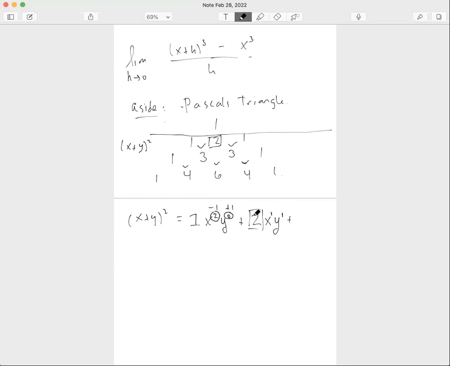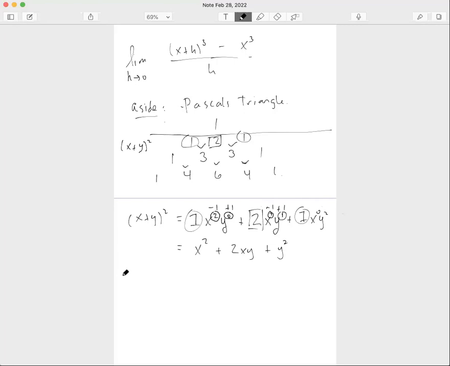And then for the last term you again subtract 1 and add 1. So written out nicely, it's x squared plus 2xy plus y squared.